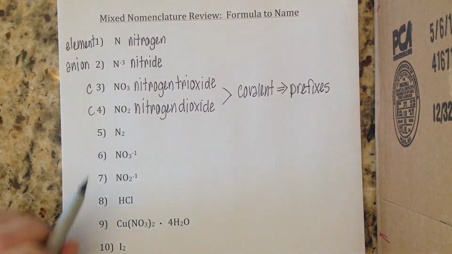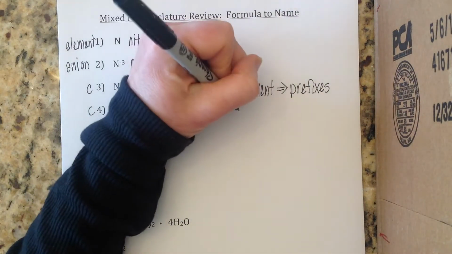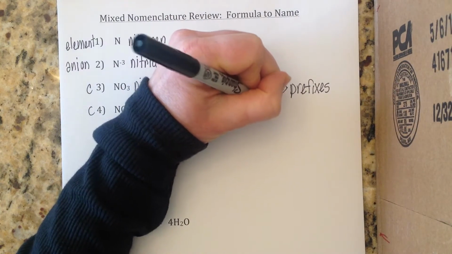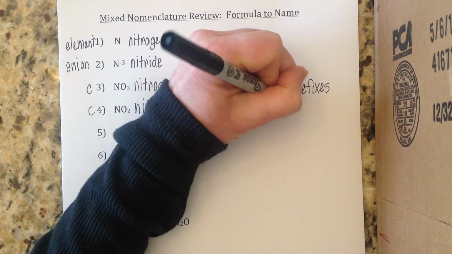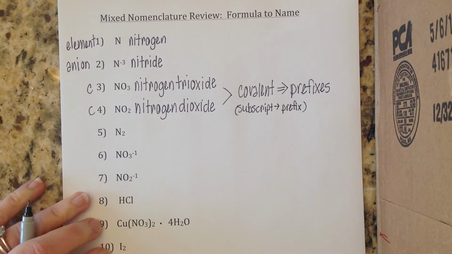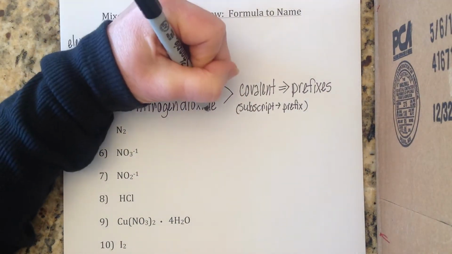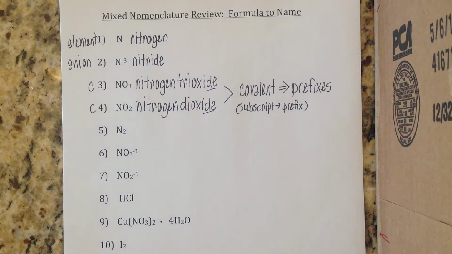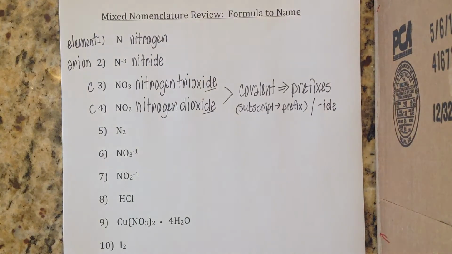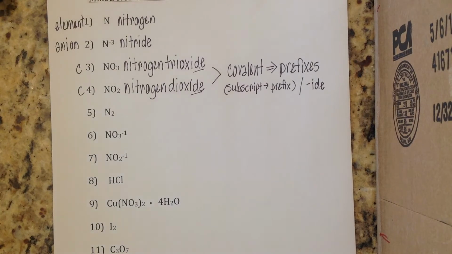And basically what's happening here is your subscript is becoming your prefix. That's a good little way to remember that. Something else I'm going to point out while we're talking about covalents, they always end with IDE. So we could also make a note of that.